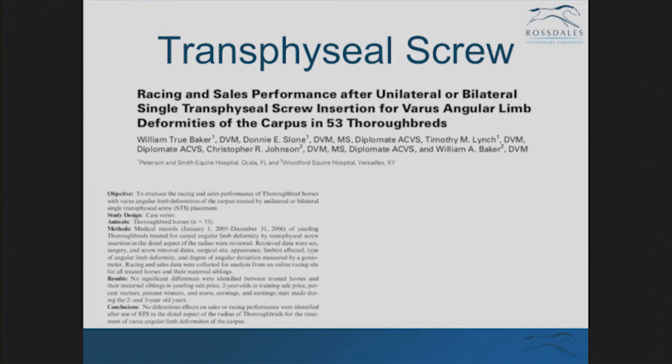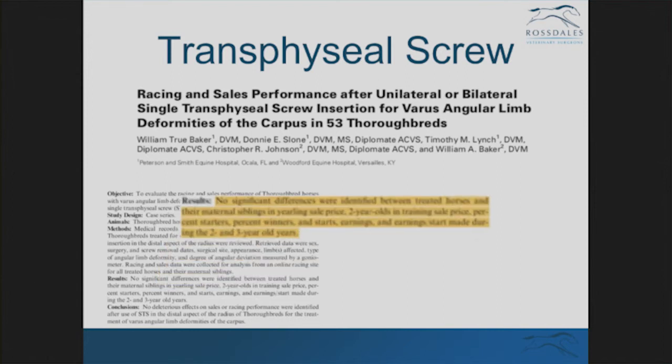And I think this is probably the most complete piece of work performed on this technique. They looked at sales and racing performance of a group of horses that had transphyseal screws placed, and then their maternal siblings. They looked at them as yearlings at their sale price, as 2-year-olds in training, and then winners in their racing statistics.